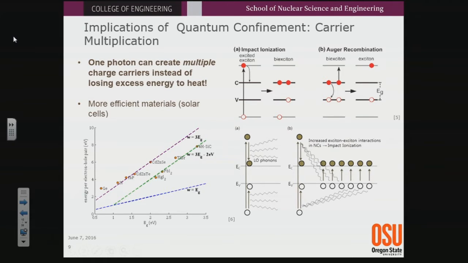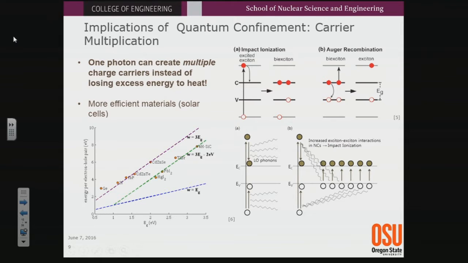That's what we want. The opposite of this process is Auger recombination. We have an electron here, and it's going to combine with a hole. And again, instead of that excess energy being emitted as heat, it gives this energy to an existing exciton. It excites an existing exciton instead of giving it off as heat. The reason this is more efficient than it usually is in classical material is due to the discretization of energy states.